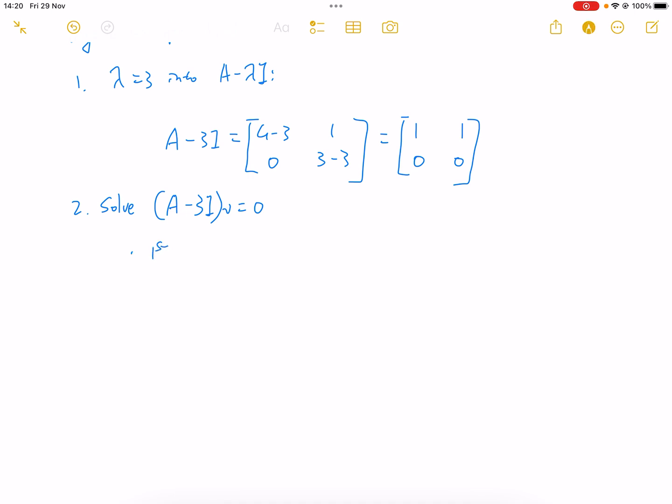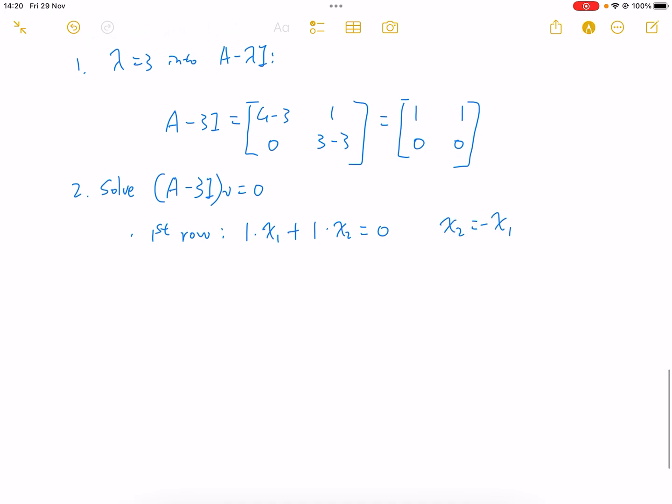From the first row, we have 1 times x1 plus 1 times x2 equals 0. So x2 equals negative x1.